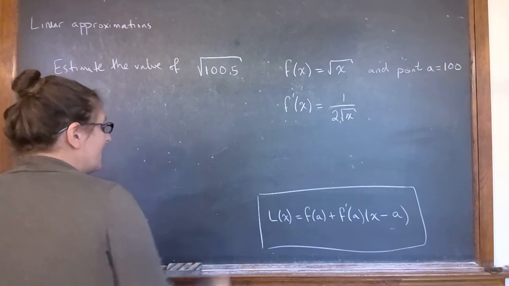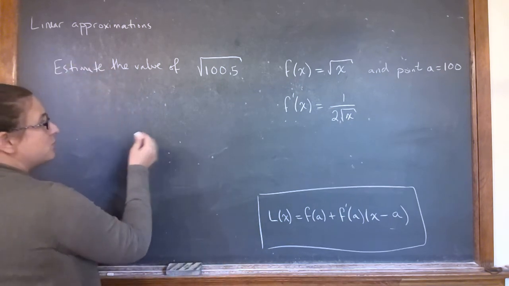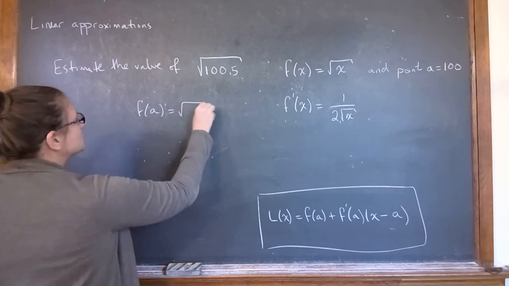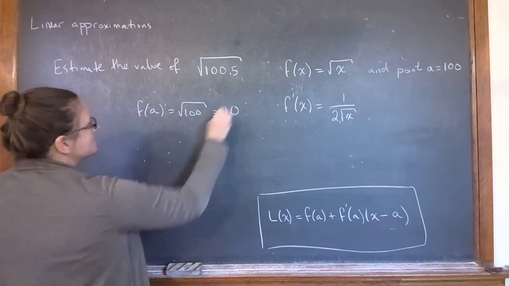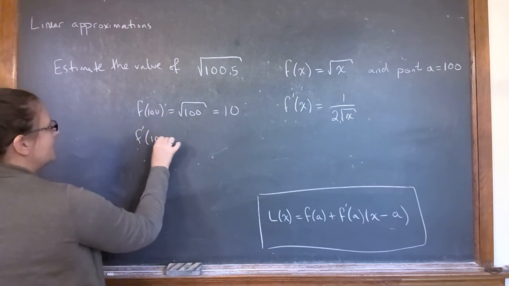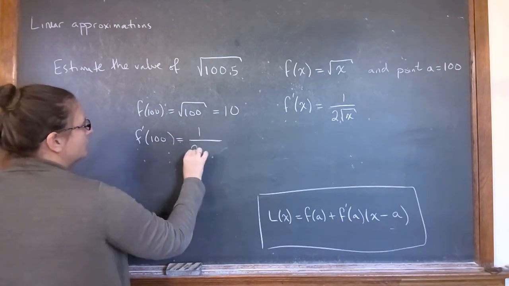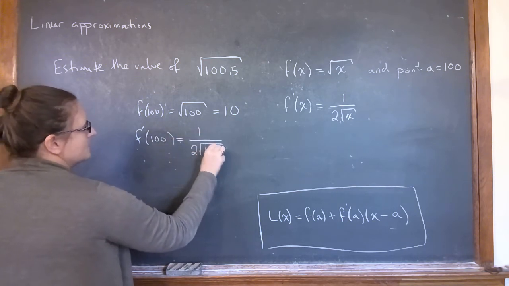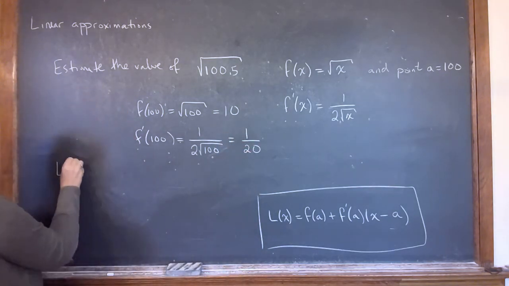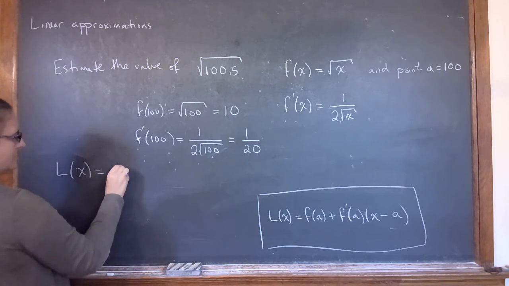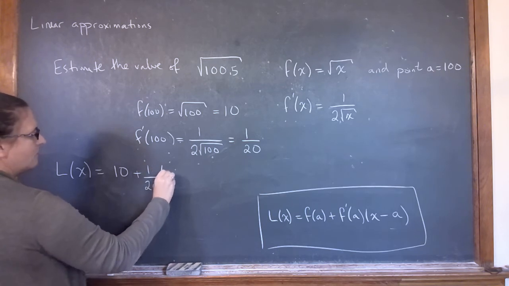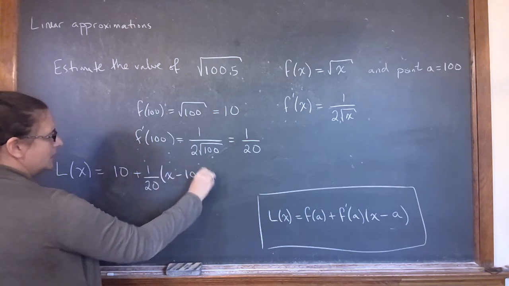Now if I go back to this linearization, my point a is 100, so obviously f of a is the square root of 100, so that's 10. f prime of 100 is 1 over 2 root 100, so 1/20. And my linearization is going to then be 10 plus 1/20th of x minus 100.